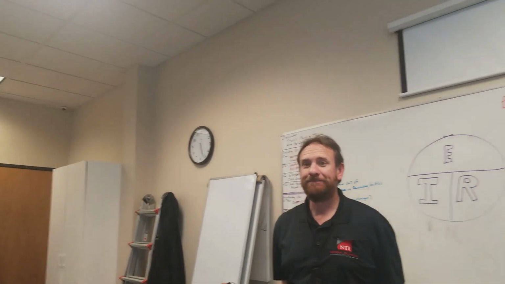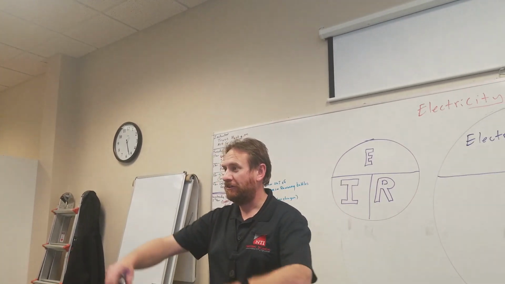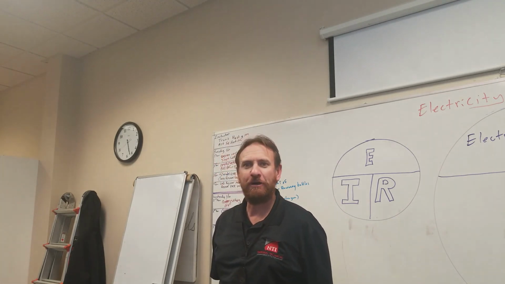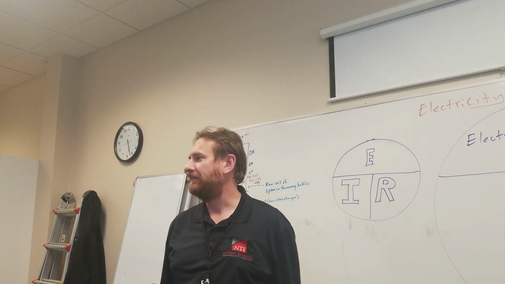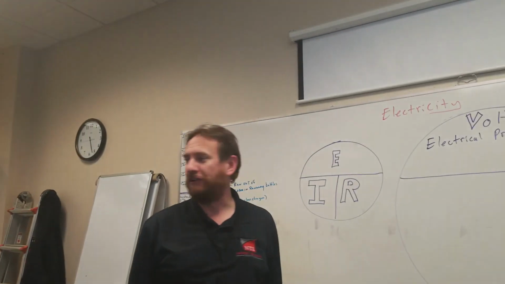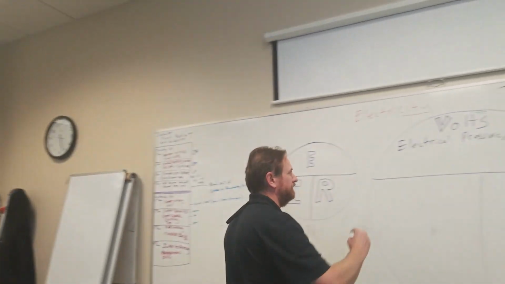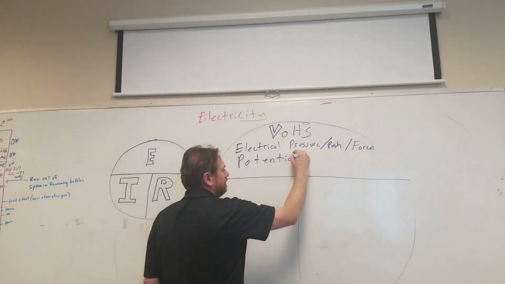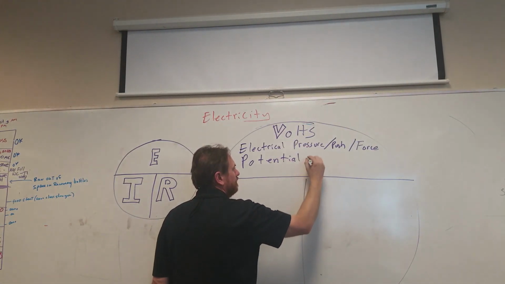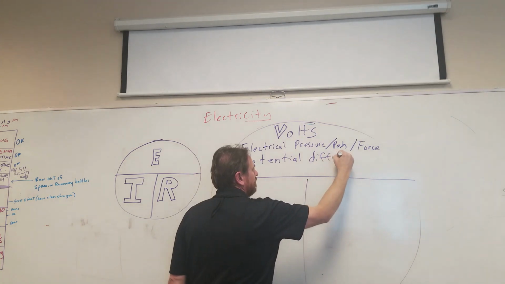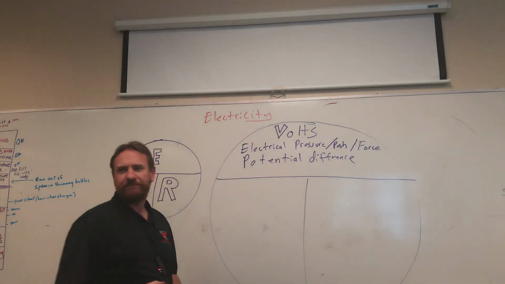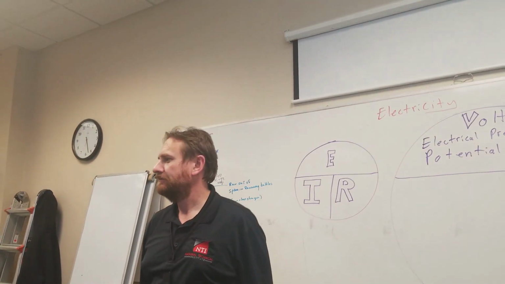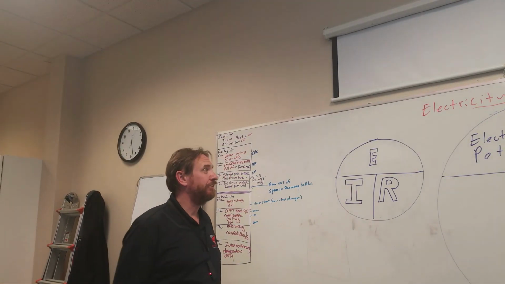Yes. Behind all your faucets, they're closed off and there's no flow, but there's pressure. So is there a potential for that water to flow? Yeah. Is it flowing? No. But there's a potential for it to flow. So we call this also potential difference. It has a potential to flow, but it doesn't have to actually be flowing. Potential difference.